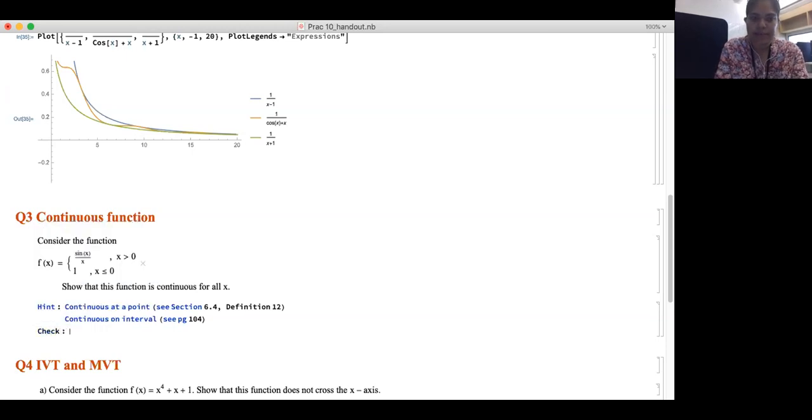Okay, check. Yep, Ashish, you're right. So this function seems to be continuous everywhere except 0.